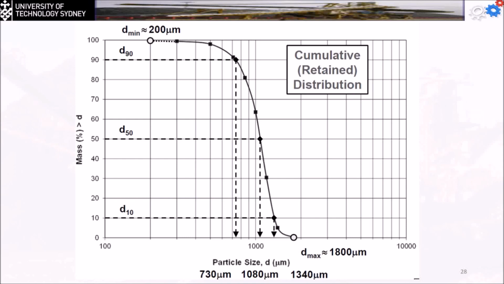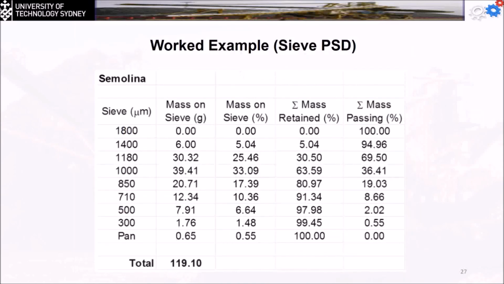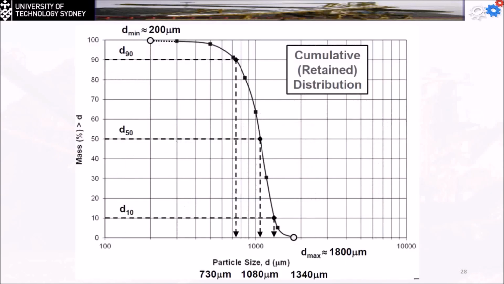How much held? 0%. For the next one, which was the 1,400, 5.04%. Okay, that's the point. Then we continue doing all the points and make the first curve, which is the cumulative retained distribution of the material.